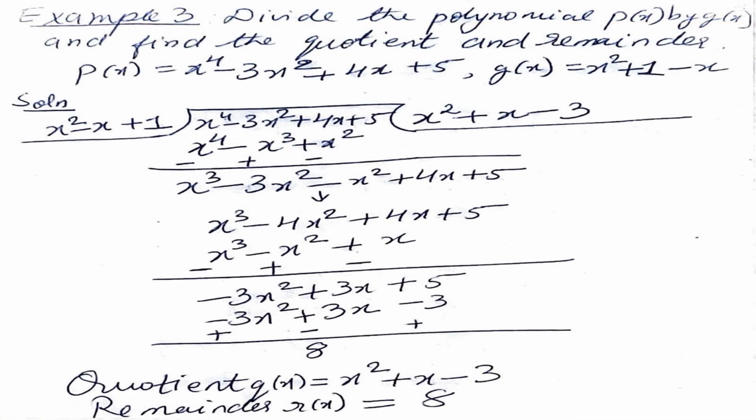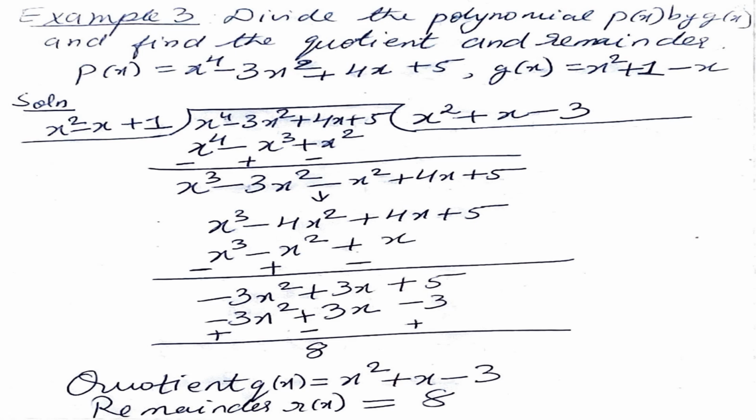Next example, divide the polynomial p(x) by g(x) and find the quotient and remainder, where p(x) and g(x) are given. Now, as usual, we divide x raised to 4 minus 3x square plus 4x plus 5 by x square minus x plus 1. If I want x raised to 4 from x square, I have to multiply by x square. So the first term is x square.